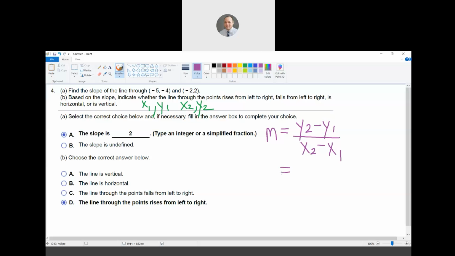Let's carefully plug in our x's and y's into our slope formula. We have 2 minus a negative 4 all over negative 2 minus a negative 5.